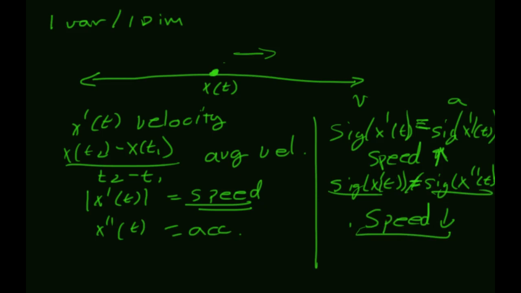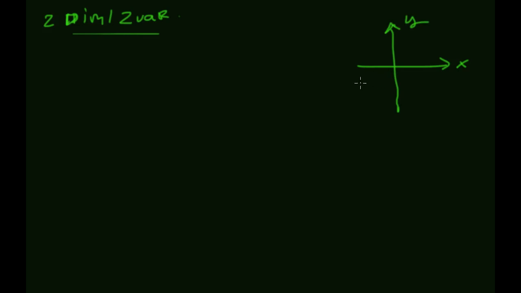Okay, so let's look at the second case here. In the second case you have a two-dimensional space with two variables, right? So we're looking at something that's happening in the xy plane because it's two-dimensional. You have a vector that's going to give position.